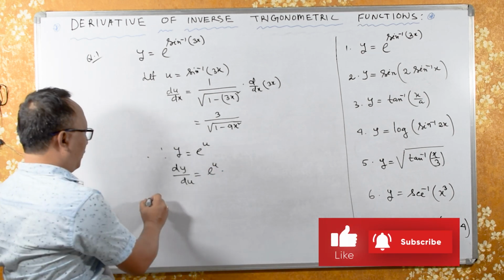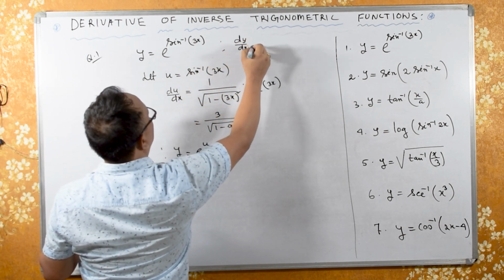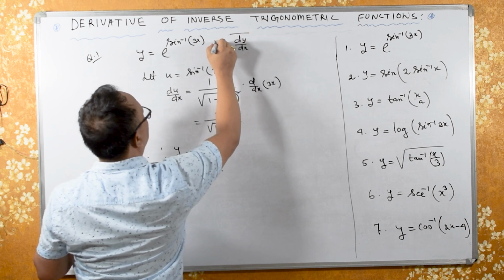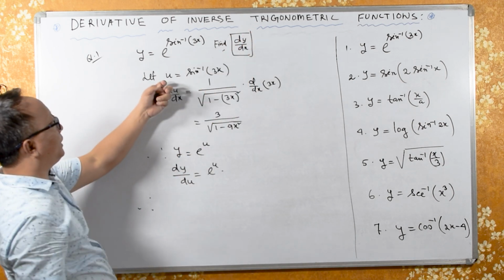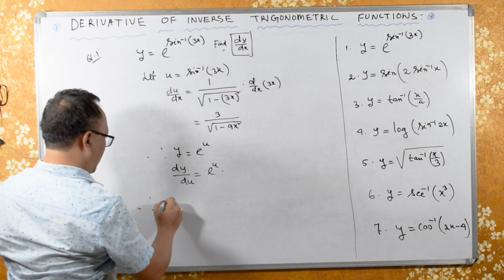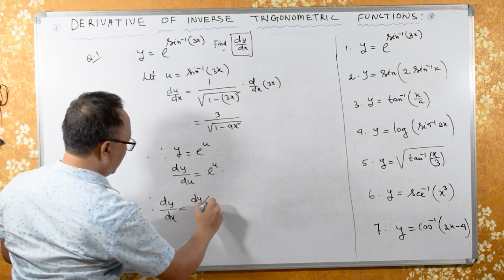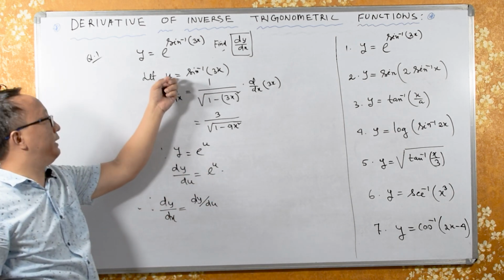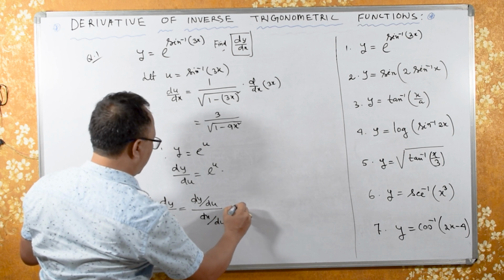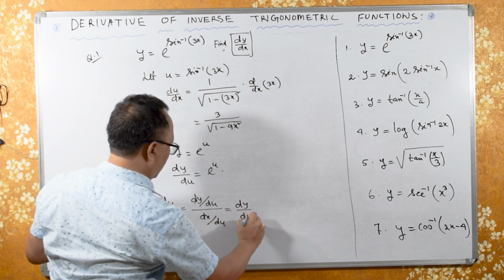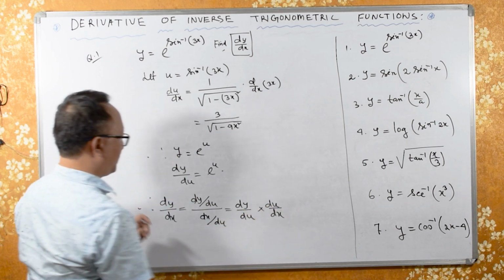Therefore our aim is to find dy by dx. Now here with the help of parameter u, which I already substituted, dy upon dx is the same as dy upon du into du upon dx.